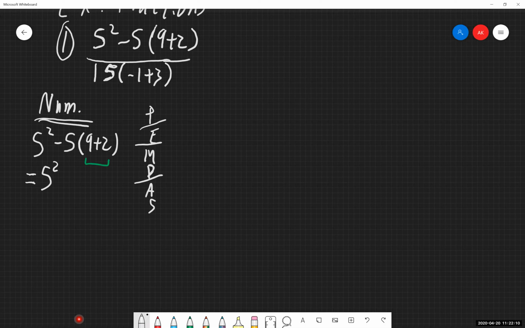Everything else is staying the same. It's going to give me 11. I don't have anything else I can do inside my parentheses, so I'm done with that. I have exponents, 5 squared, which gives me 25, and I'm now done with exponents.